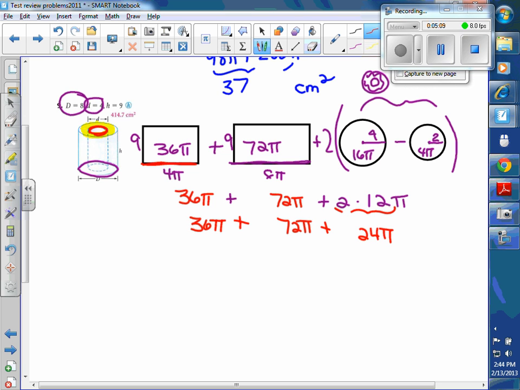You add them all up. And it's in centimeters. And they multiplied it out, but for the non-calculator test, you could leave it like that. Okay?